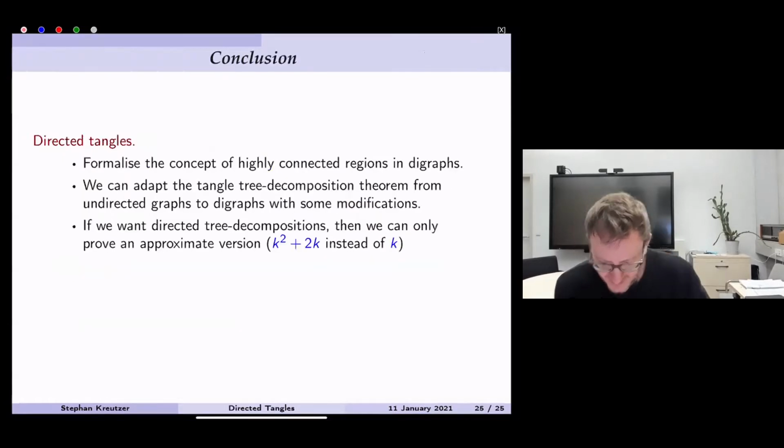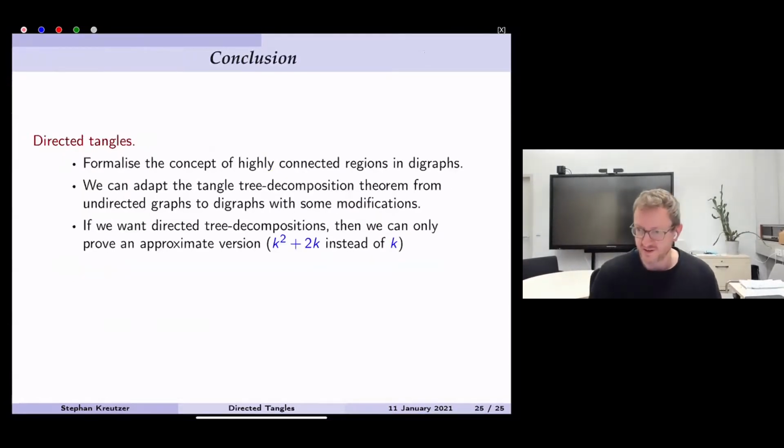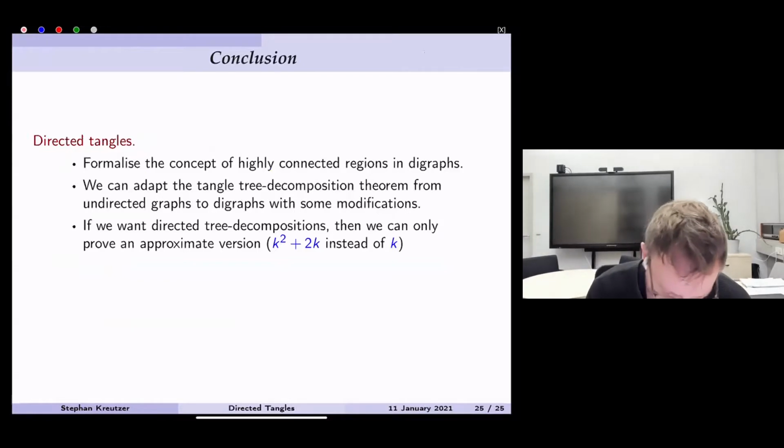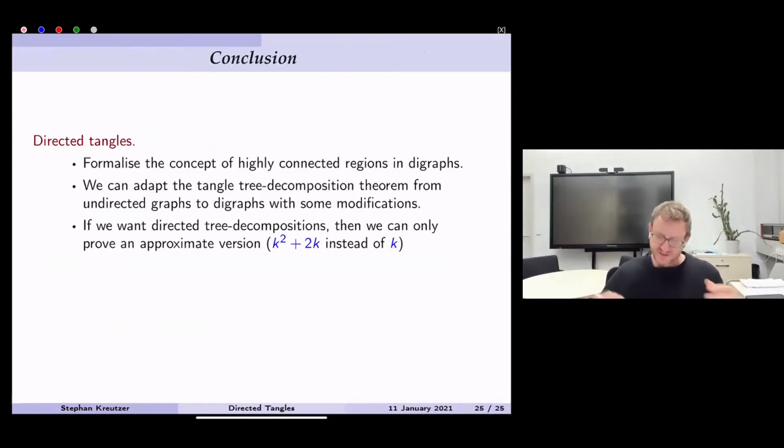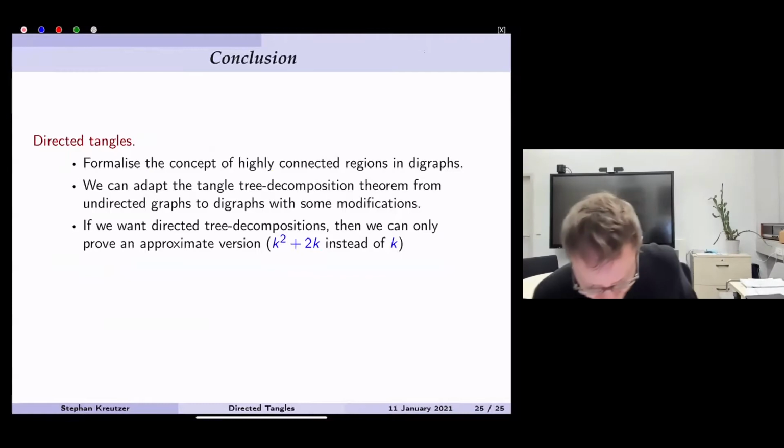Okay, so let me conclude then. The directed tangles that we just saw formalize the concept of highly connected regions, and we get the tangle tree decomposition theorem that we wanted. With a small blow up, if you go to directed tree decompositions, we have some applications for this.